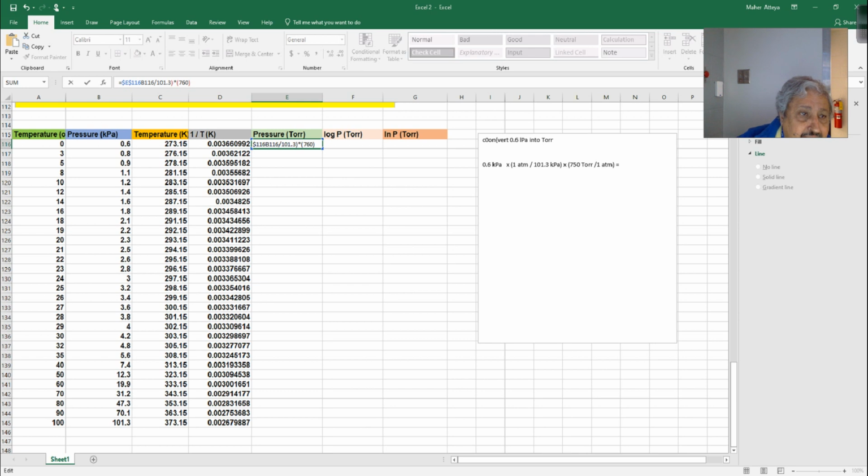We say B116 divided by 101.3 multiplied by 760.